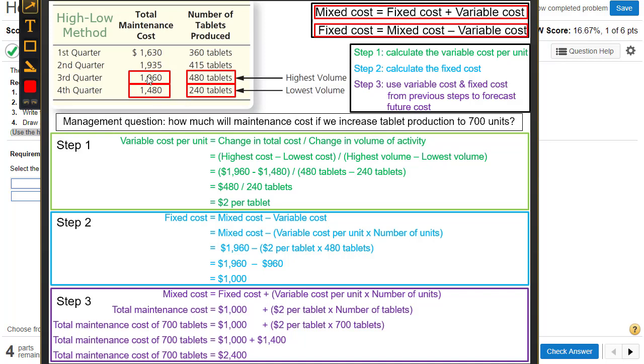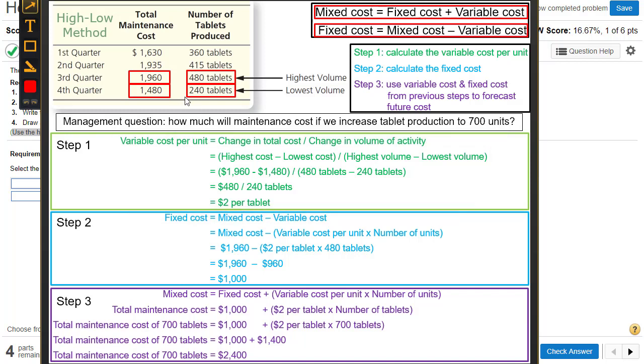Why it's called the high-low method is we took the highest production level, 480 tablets, and the lowest production level, 240 tablets, and we used those points. And the first thing we did is we calculated the variable cost per unit. So in this example, we found out that the variable cost was $2 per tablet.